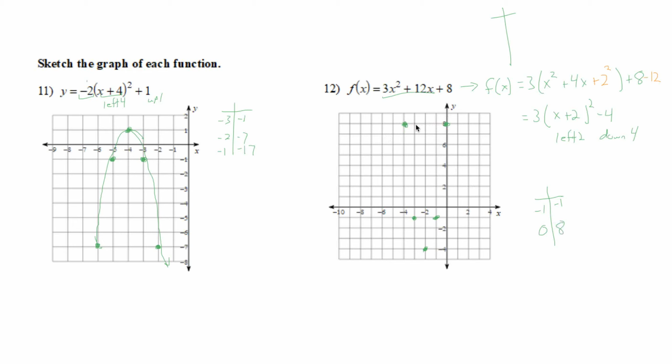And now we're going to go ahead and graph this parabola. We're going to attempt graphing this parabola. Well, it doesn't get much more beautiful than that. Best parabola ever graphed.